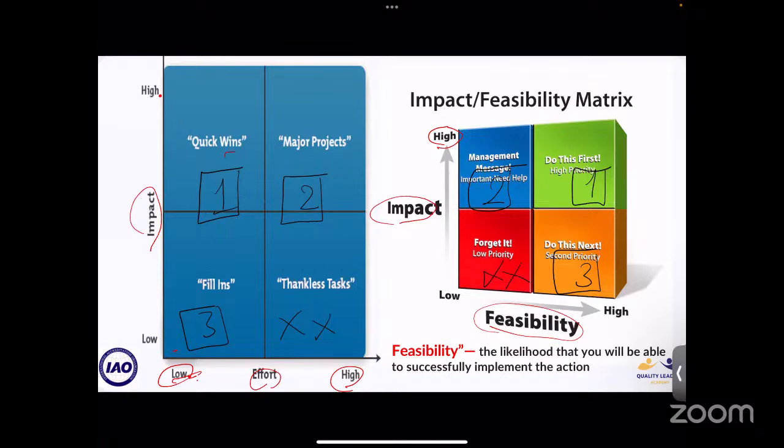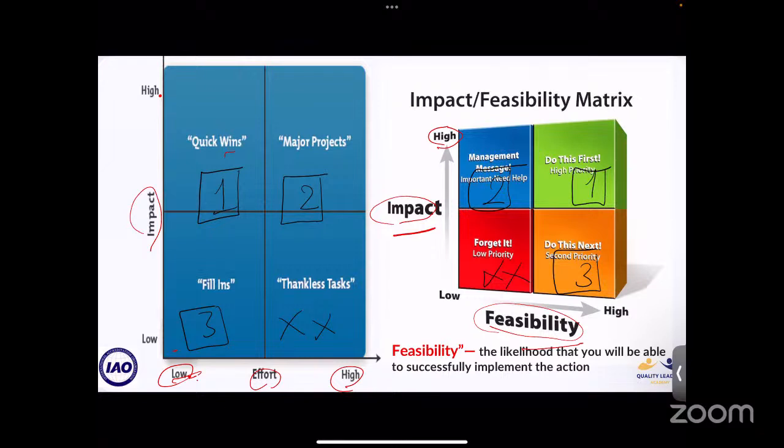How might this question show up in the exam? The exam might ask you about a priority matrix comparing the impact and feasibility. So, what does feasibility mean? How likely is it that we can successfully implement this solution?